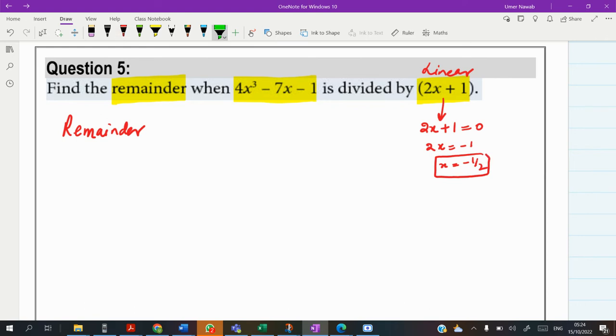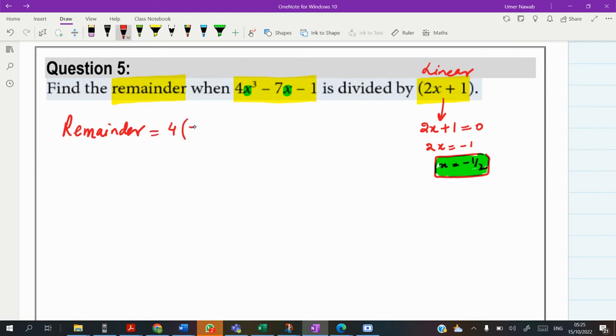Now substitute this value, minus 1 over 2, into the dividend, in the place of x, and that will finally give you the remainder.